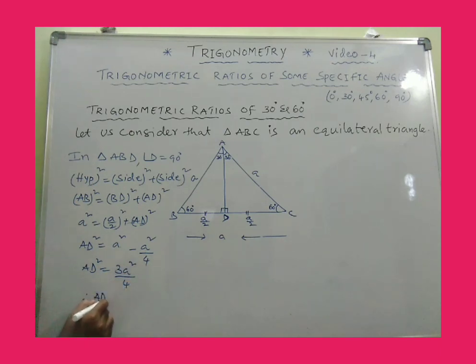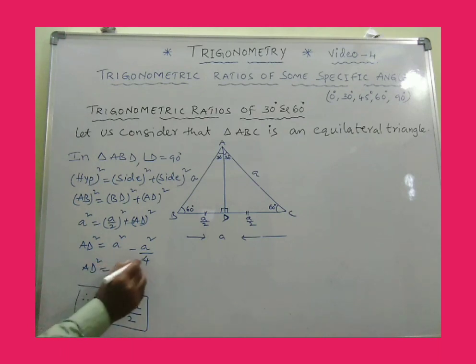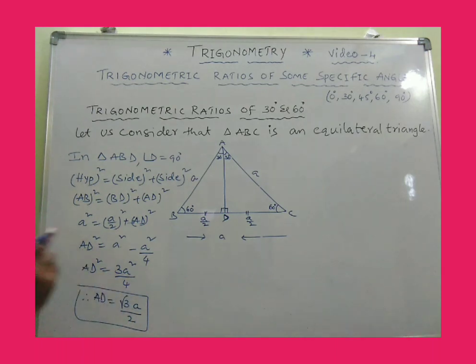Therefore, AD is equal to root 3 a by 2. We need to apply the square root entirely. Square root of a squared is a, square root of 4 is 2 and square root of 3 is root 3. So we got AD length.